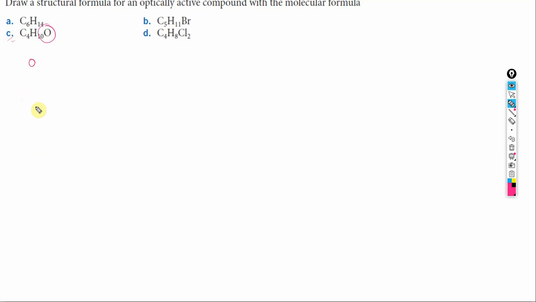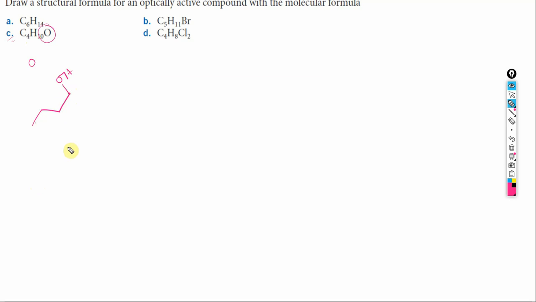Therefore this is going to be a compound that will not have a cyclic structure or a double bond. Okay, so I can start with a 4 carbon chain. I can add an OH here, so that is carbon 1 2 3 4. If you add up the carbons and hydrogens, it'll match C4H10O.